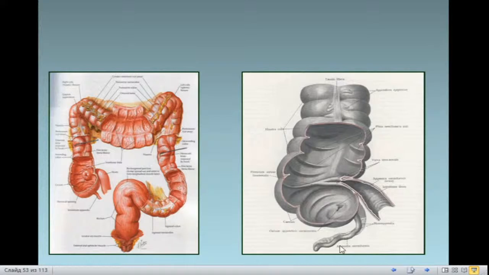So this is a normal flora of the intestine. Sometimes in case of constipation, in case of inflammation, this process also can be inflamed, and in this case we call it appendicitis.